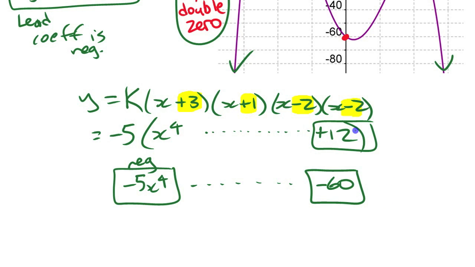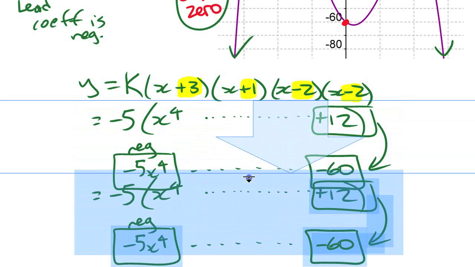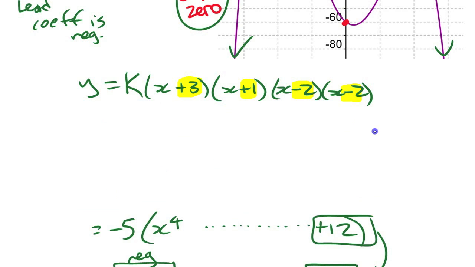There's that way of looking at this, just comparing and thinking about it, or you could actually write an equation and sub in a value to find it. Let's say I recognized that I needed to put a value in front, but I wasn't sure what it is. I can sub in this point, saying that when I put in 0 for x, I need this to be negative 60.